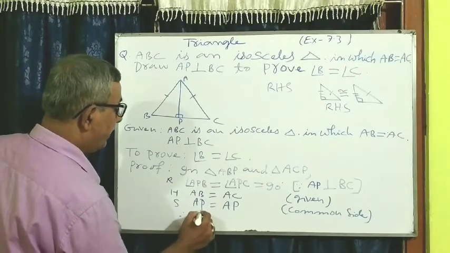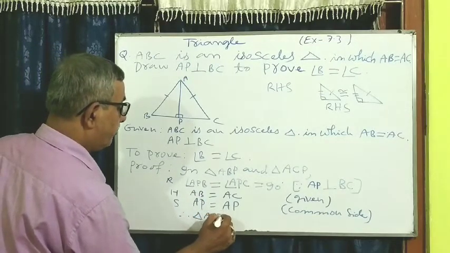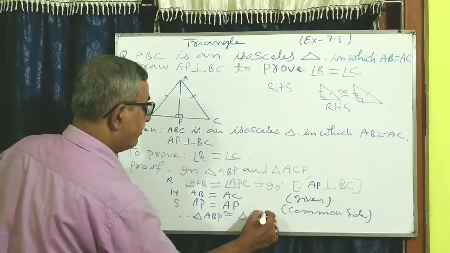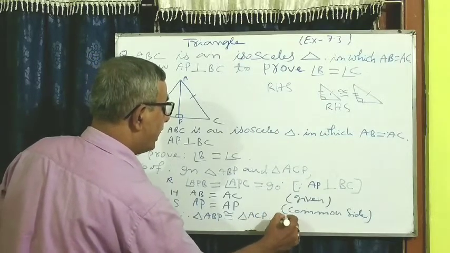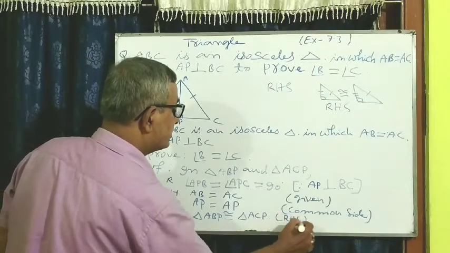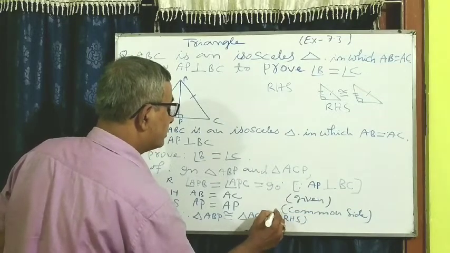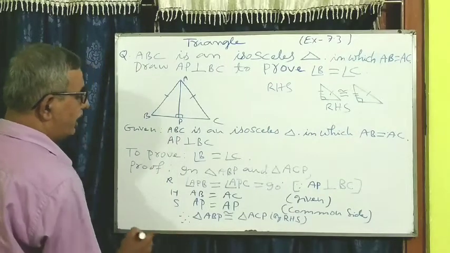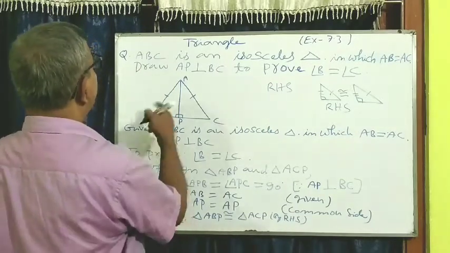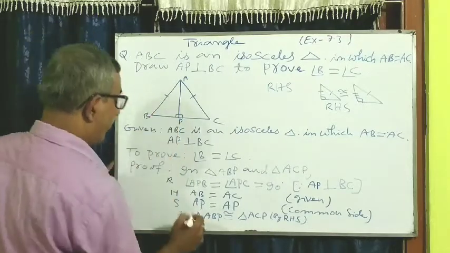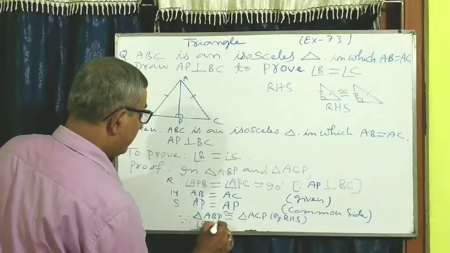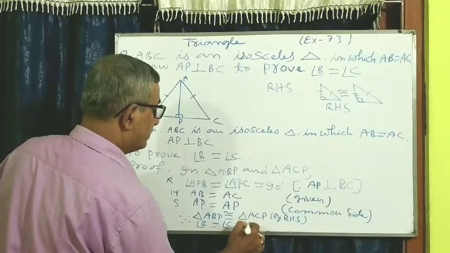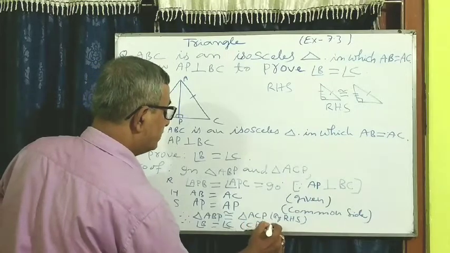So triangle ABP is congruent to triangle ACP by RHS. When two triangles are congruent, their corresponding parts should be equal. Therefore, angle B is equal to angle C by CPCT.